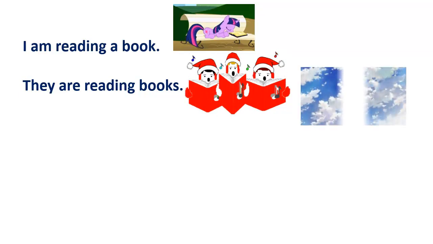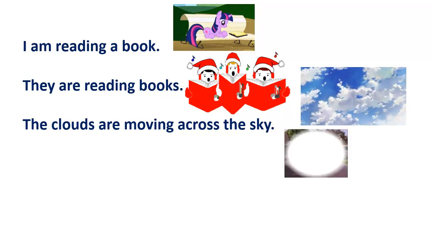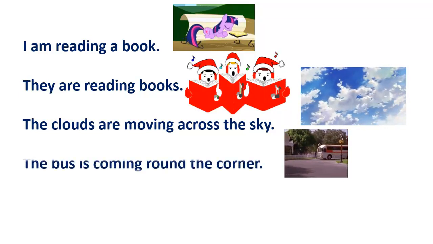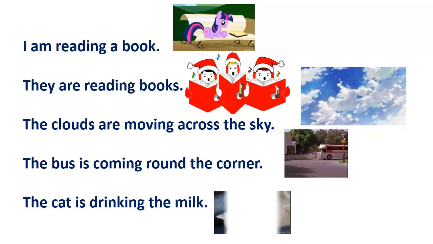Children, look at the third picture. The clouds are moving across the sky. Number 4 picture, the bus is coming round the corner. Number 5, the cat is drinking the milk. Look at picture 5. The cat is drinking the milk.